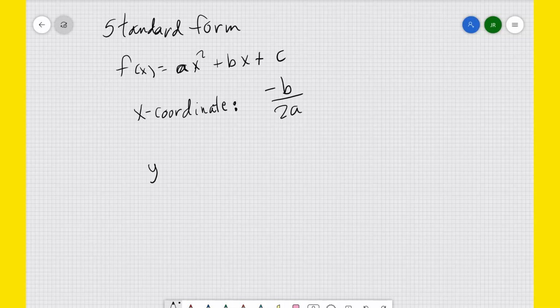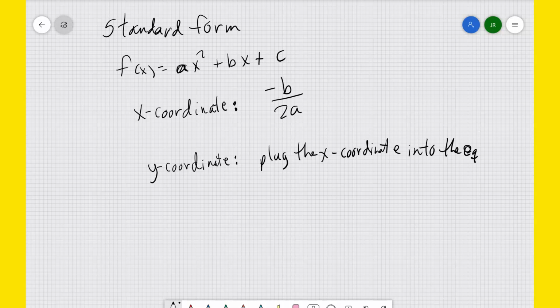To get the y coordinate, after you get the x coordinate, you plug it into the equation for x, and what you get there will be the y coordinate.